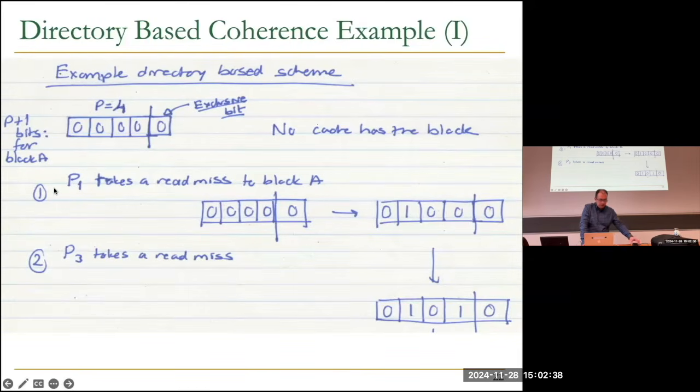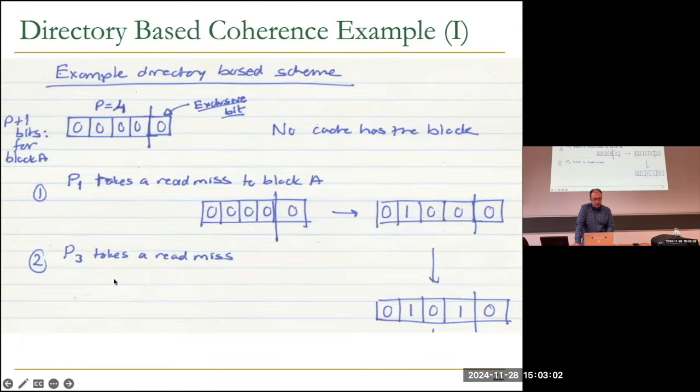Processor 1 takes a read miss to block A. The directory is completely 0, so no one has the data. You just read the data from main memory, and then set this bit in the directory to 1, meaning P1 has this cache block.